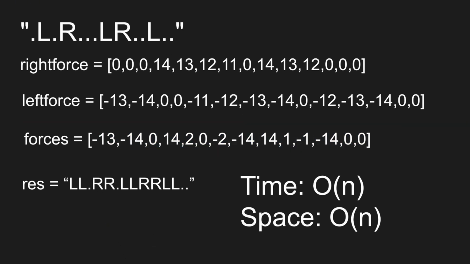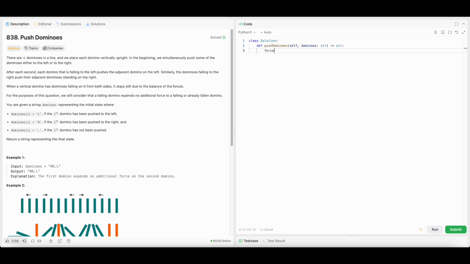So now let's get to the coding part. First we'll set up forces. It'll be 0 times length of dominoes. Then we will set force to 0, and we will first look for the forces leaning towards the right. So for i in range length of dominoes, if the letter is R, then we set force to the length of dominoes.